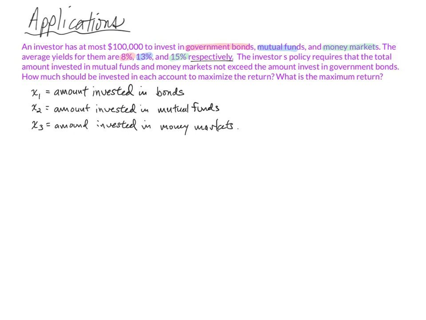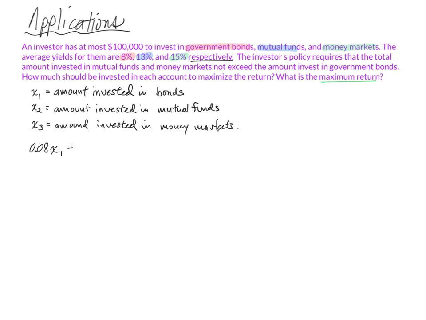So our objective function here will be, we're trying to maximize the return here. So the objective function will be however much money you have in bonds, so x sub 1, times 0.08, because that's the interest rate, the yield in this case, as a decimal.